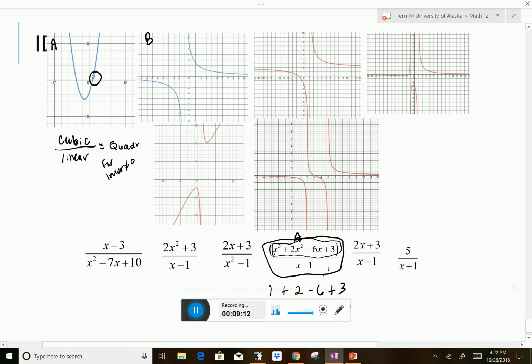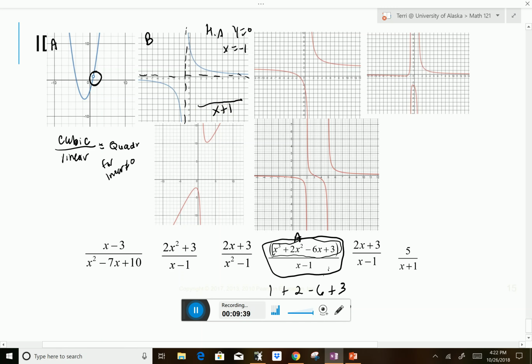So let's look at B. We have a couple of things. We have a horizontal asymptote at 0, so y equals 0. We seem to have a vertical asymptote at x equals -1, so we know we have x plus 1 on the bottom.